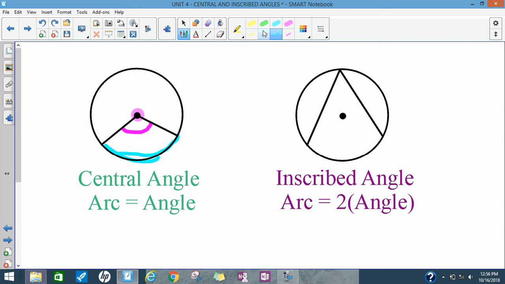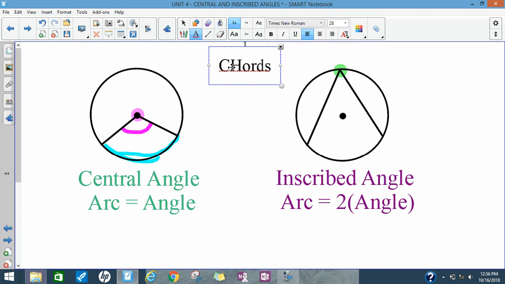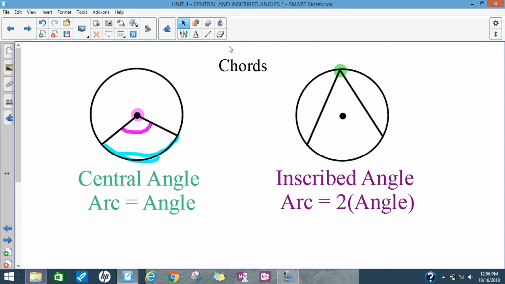The other type of angle has a vertex that's on the circle. It's called an inscribed angle. So this angle has its vertex on the circle, and its sides are what we call chords. Let me type that out for you. So each of the sides of this angle is called a chord. We've already seen a special type of chord in this lesson.